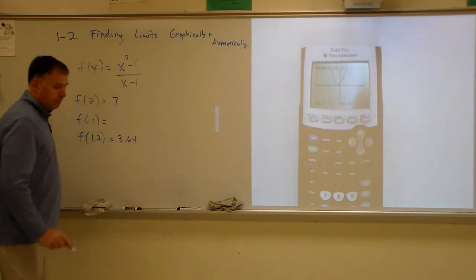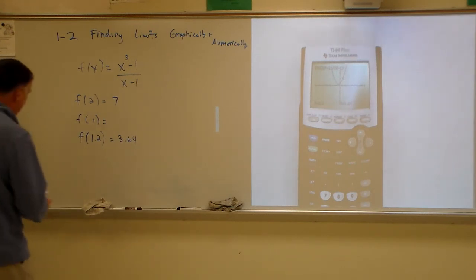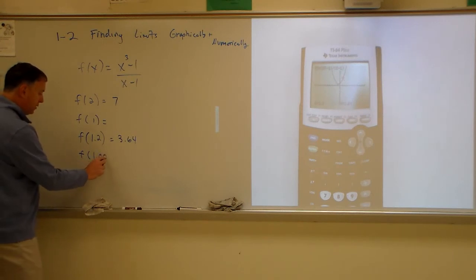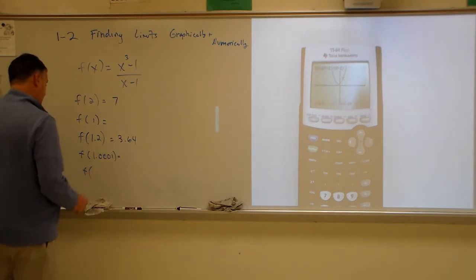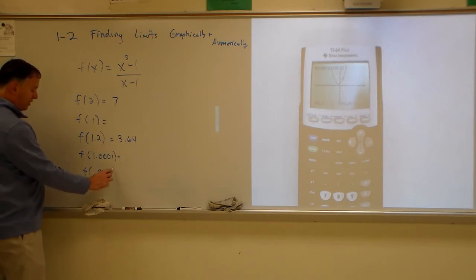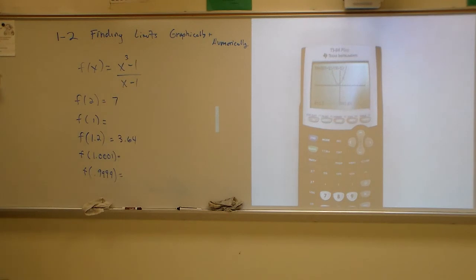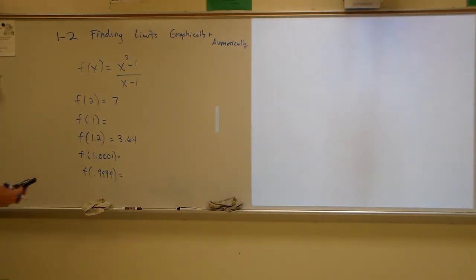Let's look at some more values that are close there. Let's look at one that's even closer. Let's do f of 1.0001. That's close to 1 on that side. Let's look at something close to 1 on the other side, something that's a little smaller. I think you know how to do it with a calculator. It's going to be faster if I stand up here and do this.